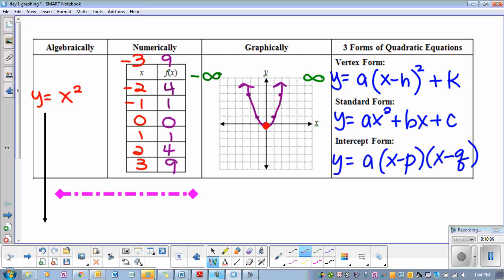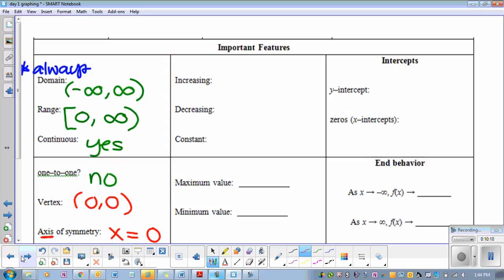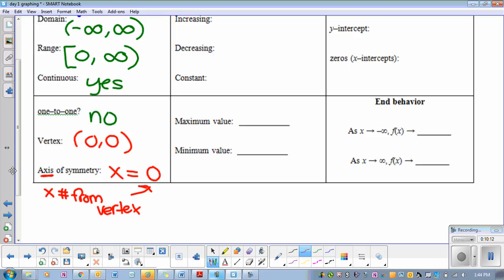It is a minimum because it's the lowest point of this graph, right? So if you look at this next box, your minimum is also 0, 0. And in this box, let's make a little note for ourselves. Your minimum or your maximum is always going to be the same as your vertex. Okay? Same as the vertex.